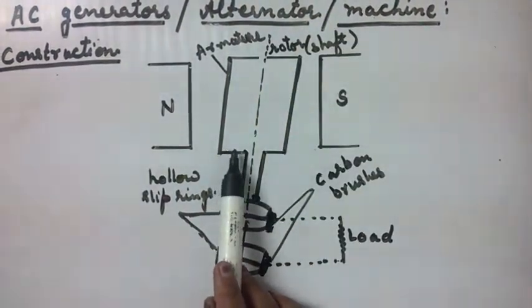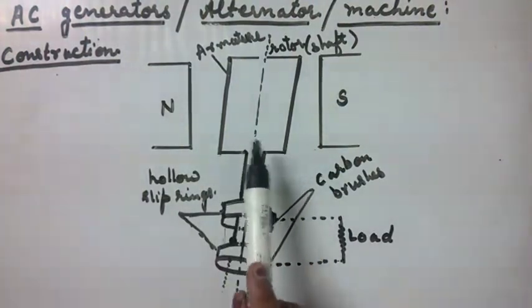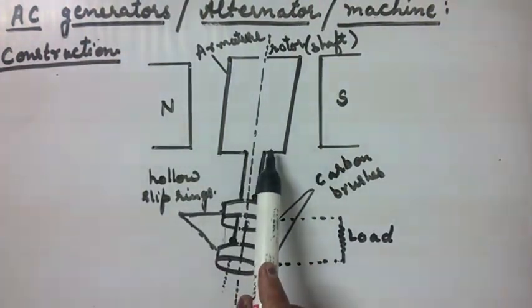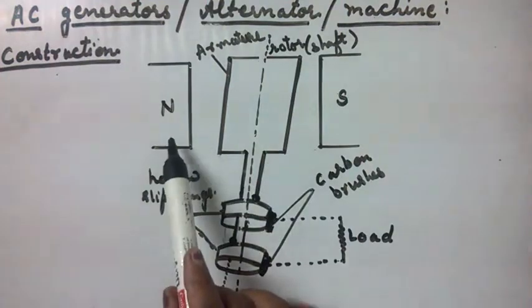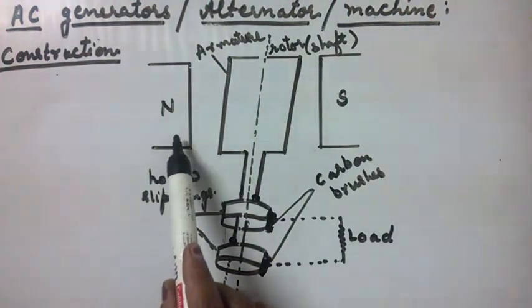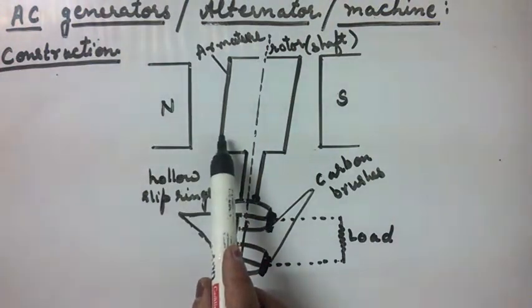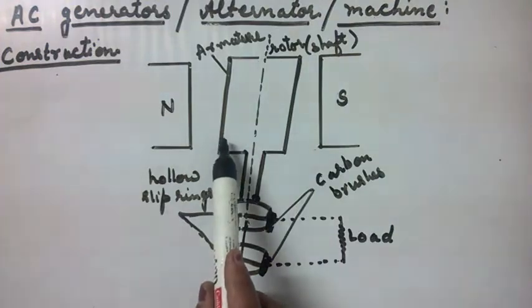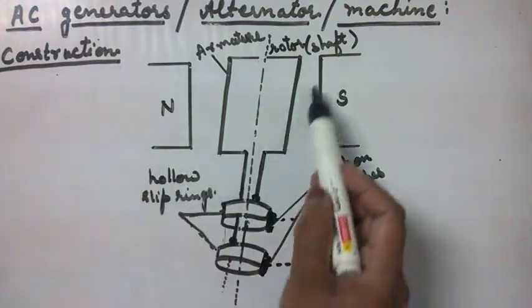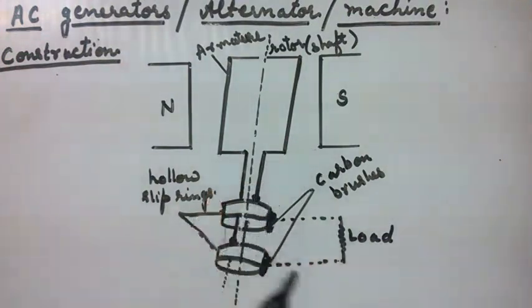The more turns there are, the more magnetic flux will be produced, and thus the EMF induced will be more. Thus current produced will be more. If magnetic field lines are more, that is the stronger the magnet, the change in magnetic flux will be more, thus EMF induced will be more. And if area is large, then also EMF induced will be large.